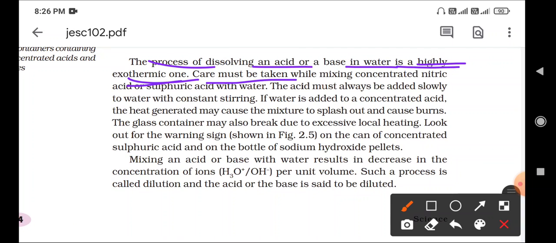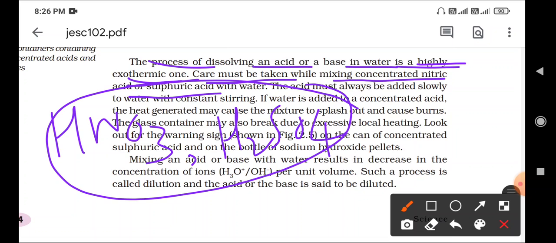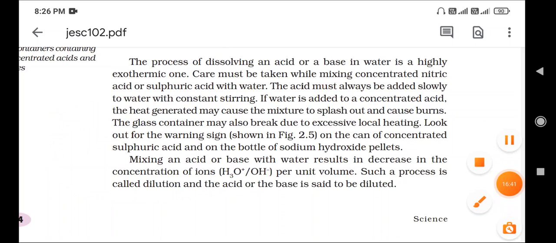Care must be taken while mixing concentrated nitric acid or sulfuric acid. Nitric acid is HNO3 and sulfuric acid is H2SO4. These are among the strongest acids of all. So when adding these to water you have to take some care.